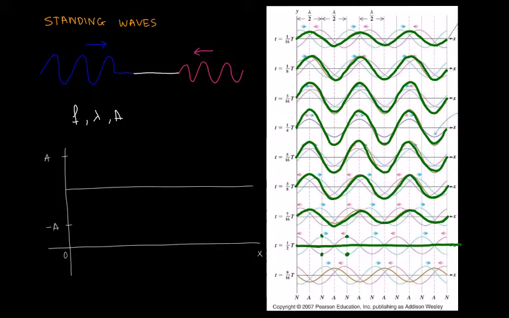Now, if we collapse these graphs into a single graphical representation of a standing wave, we will get a wave looking like this.